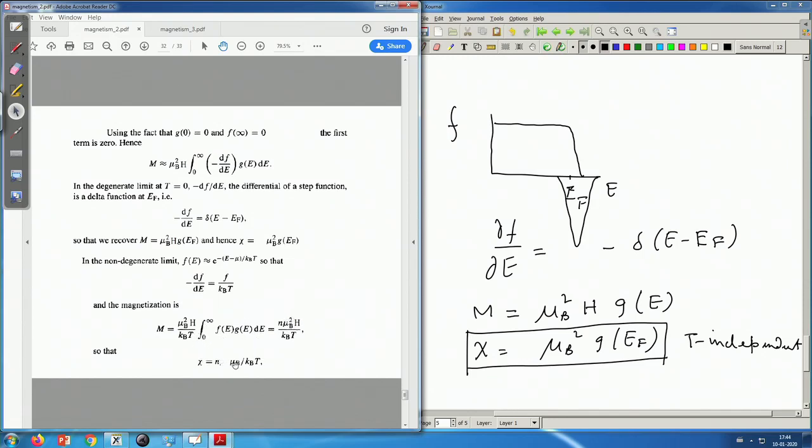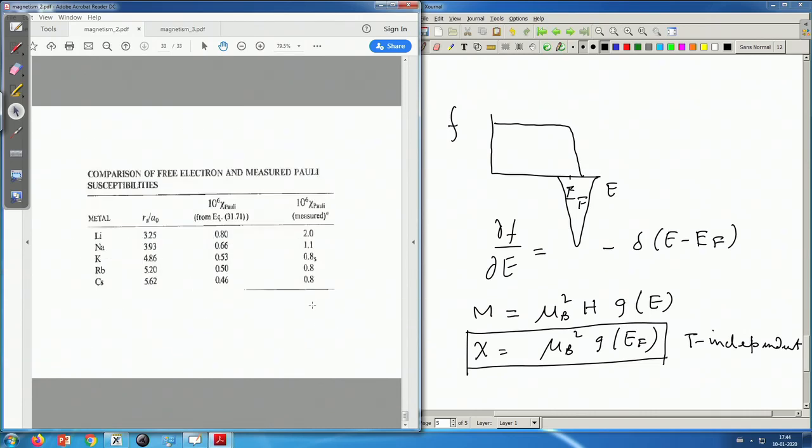So, the susceptibility is n mu b square by kBT, which is the result that we obtained for the classical case where the moments were independent, in the non-degenerate case, which is the Curie result. So, the Curie result is obtainable from the Pauli result in the limit when the system is non-degenerate.